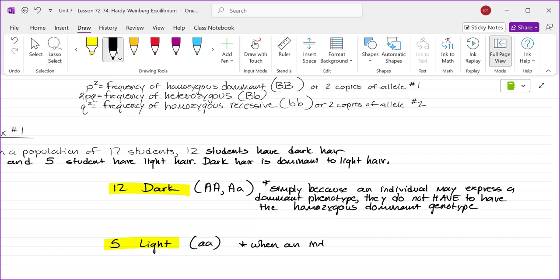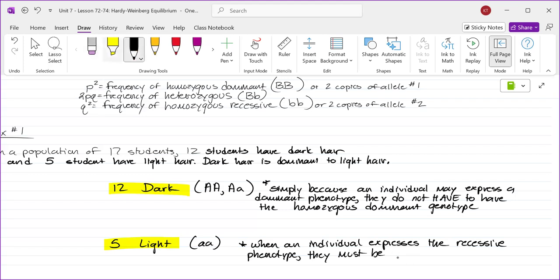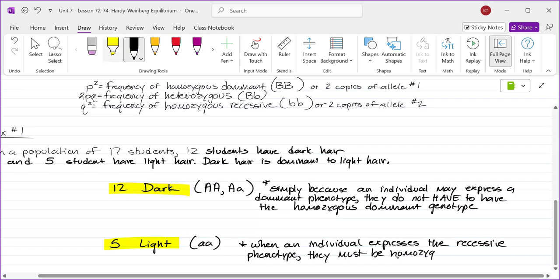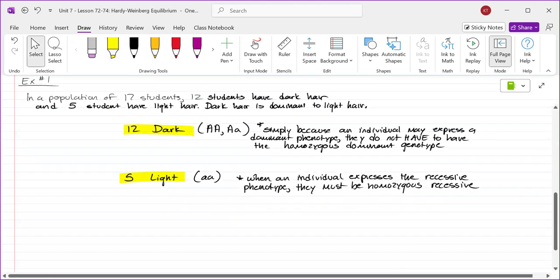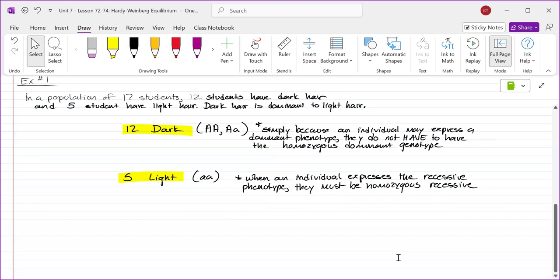When an individual expresses the recessive phenotype, they must be homozygous recessive. Okay? If you can remember those two, you'll do pretty well.